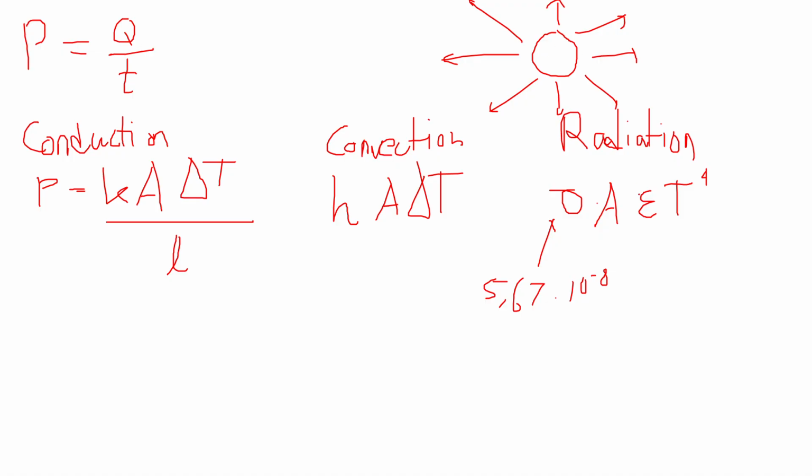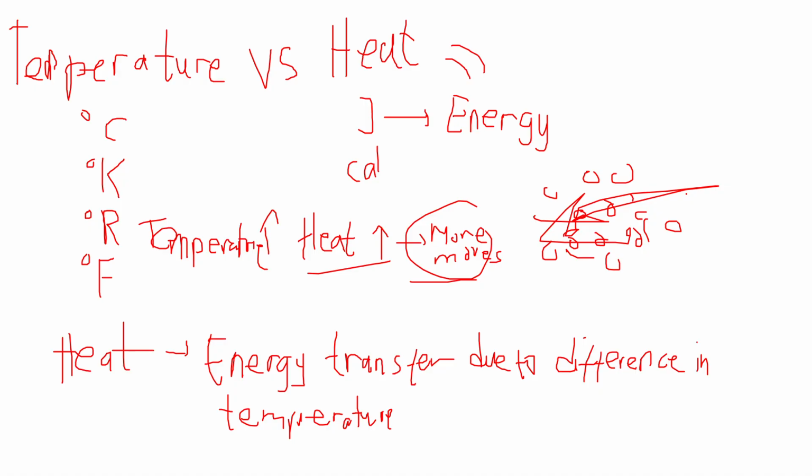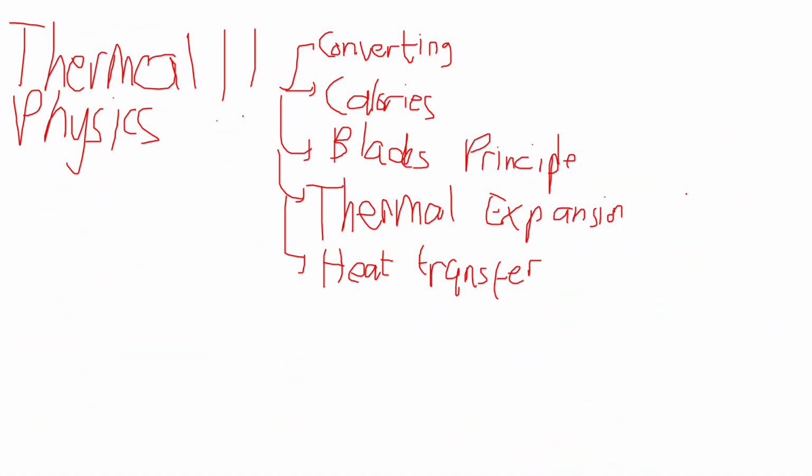A is, as I said, the surface area. e is emissivity, how much it's emitting, basically. It's usually from 0 to 1, I believe. And T is the temperature. Amazing, and I believe that's it.